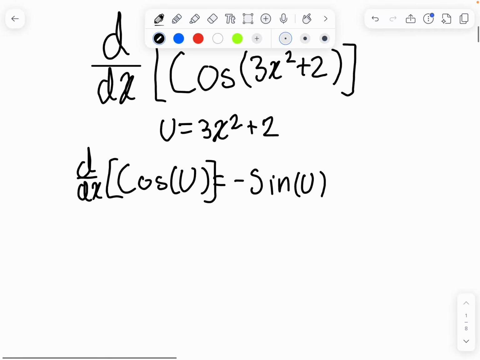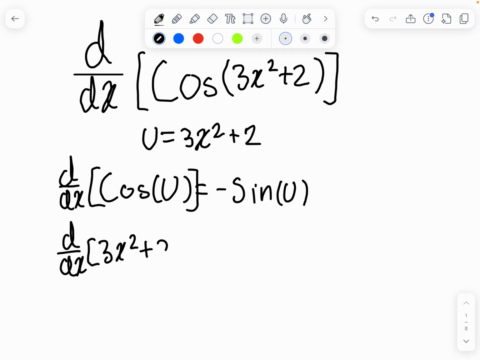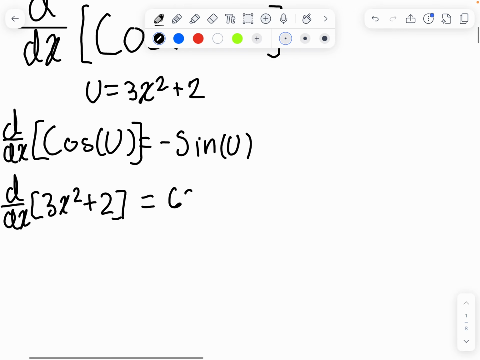And the derivative of the inside, d/dx of 3x squared plus 2, differentiated would be 6x.